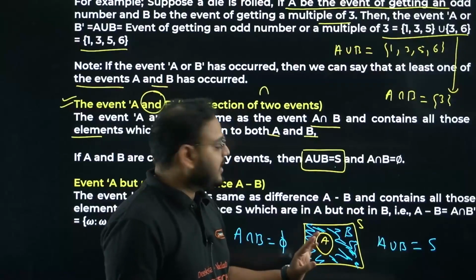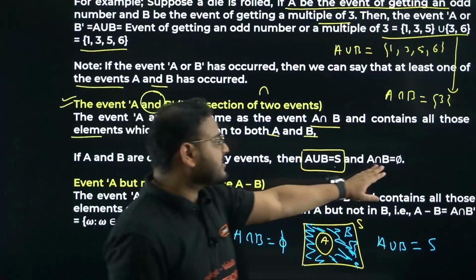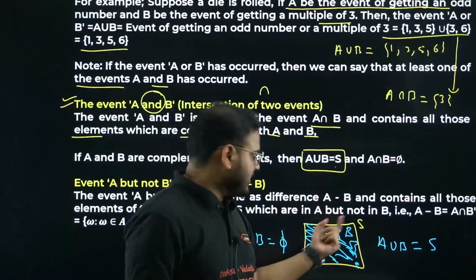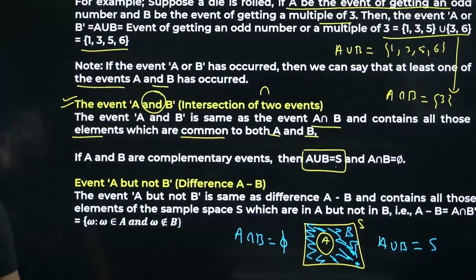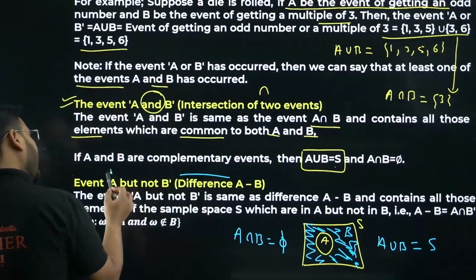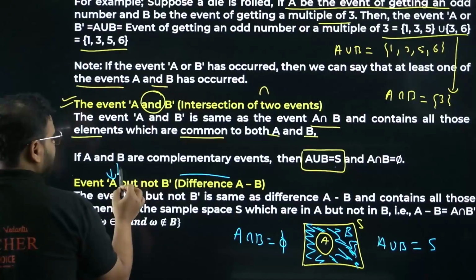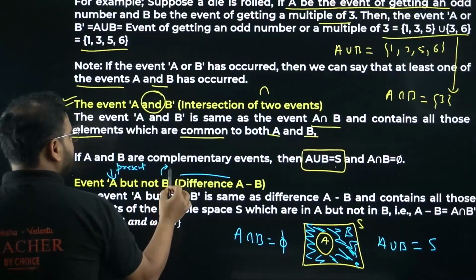No. That's why nothing is there. Hence null set. A intersection B is the null set, and A union B is the entire sample space S. Now we are talking about difference. It means present in A, so present here and absent here.